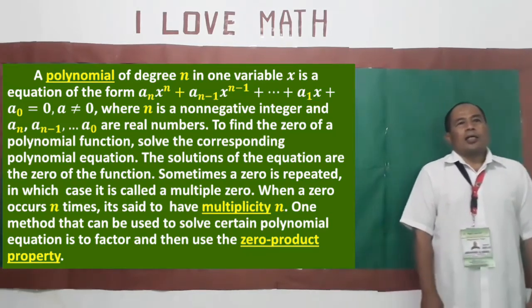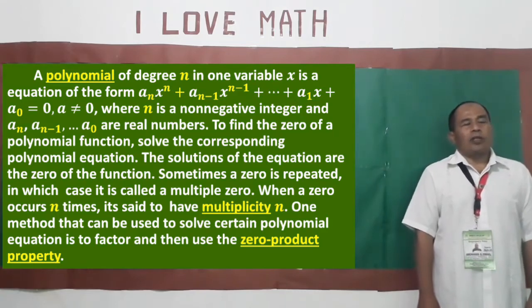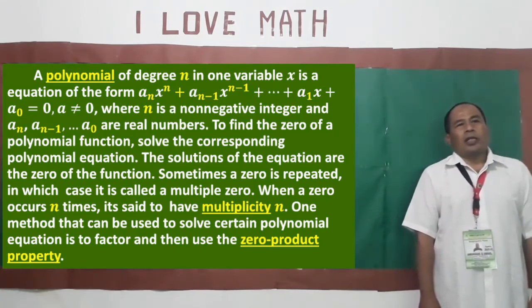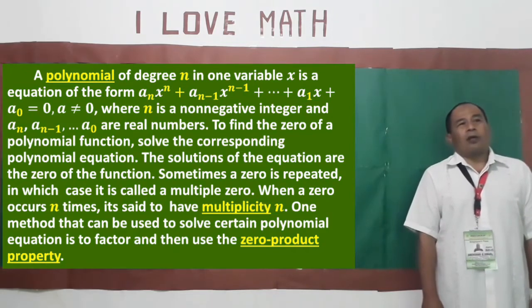To find the zeros of the polynomial function, solve the corresponding polynomial equation. The solutions of the equation are the zeros of the function. Sometimes a zero is repeated, in which case it is called a multiple zero.